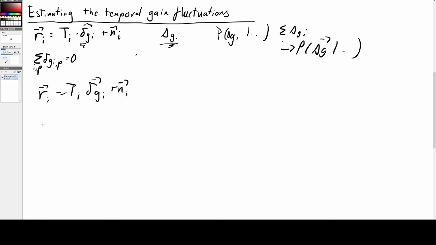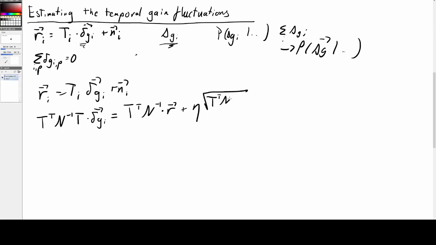If we remember what we arrived at previously, we get something that looks like this, where instead of the signal we now have these template matrices which contain the signal, multiplied by the delta g_i vector, equals the template matrix again times the residual here, and then plus a fluctuation term, which again must be given by the square root of the variance, like this.